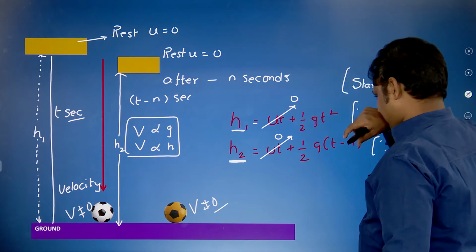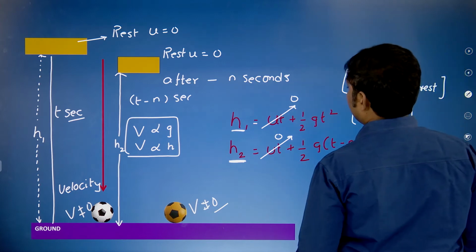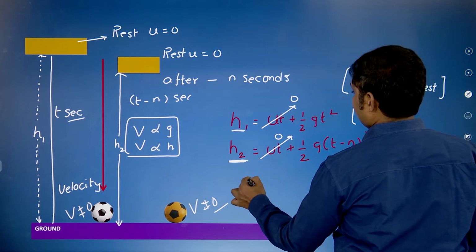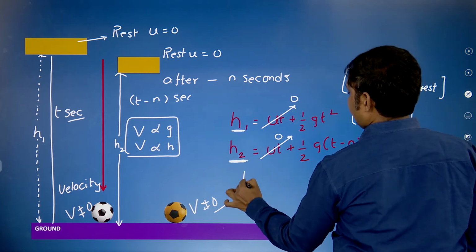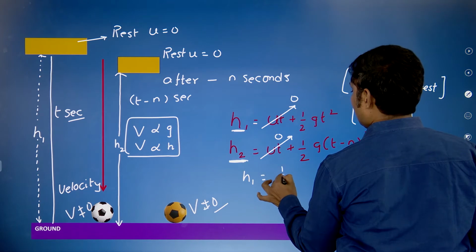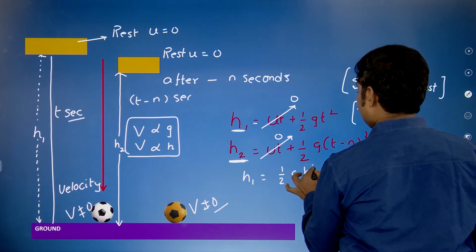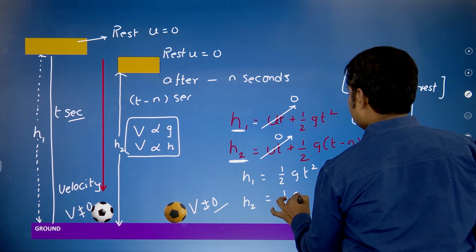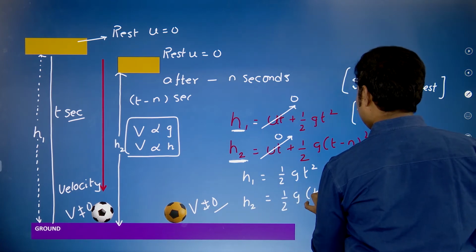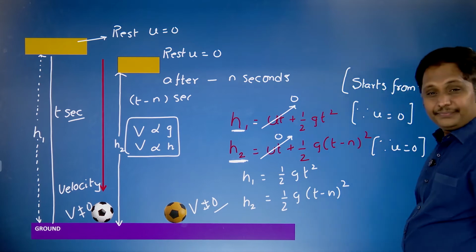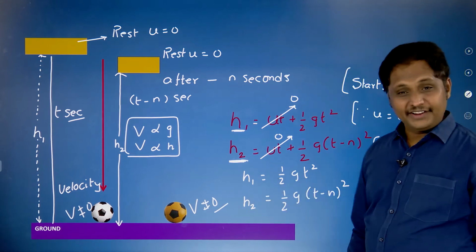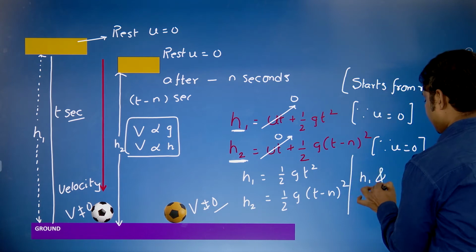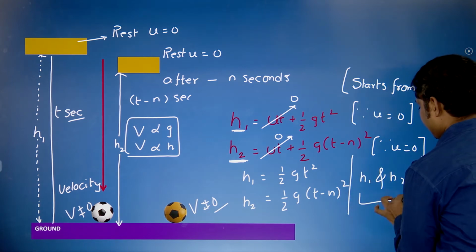Let h1 be equal to half g t square, and h2 be equal to 1 by 2 g (t minus n) square. You will get the relation between h1 and h2, it's easy.